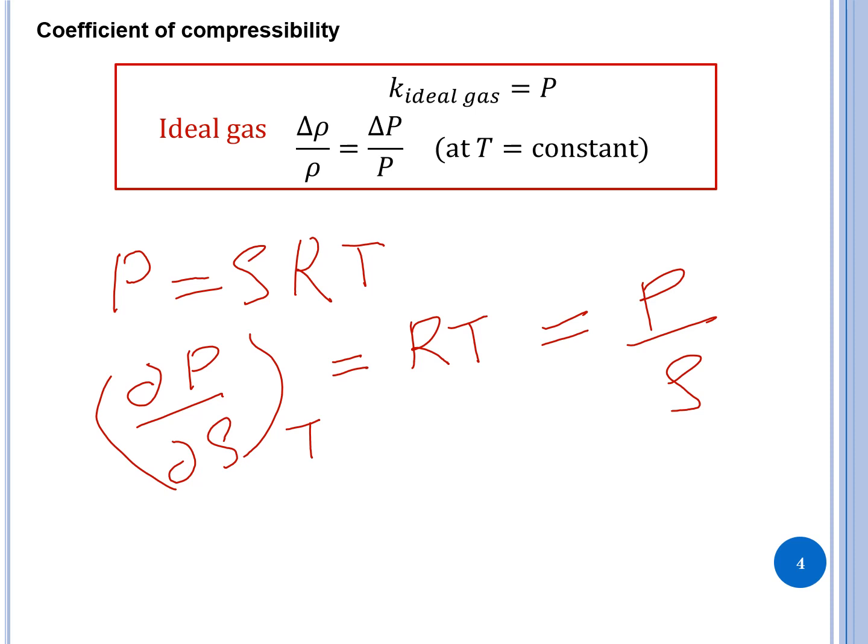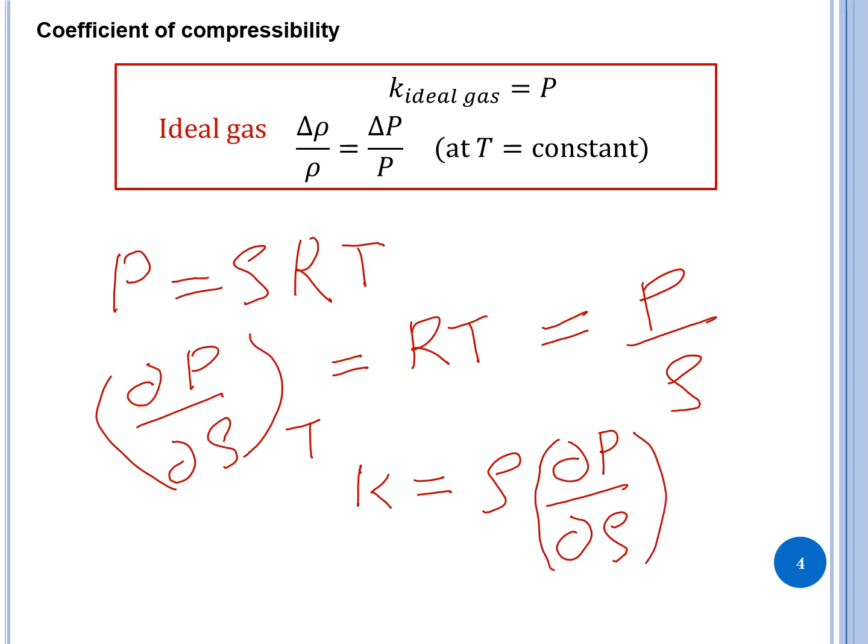Now we apply this into coefficient of compressibility. We all know this K is basically equal to rho dP over d rho at constant temperature. Now this dP over d rho at constant temperature is basically P over rho for an ideal gas.